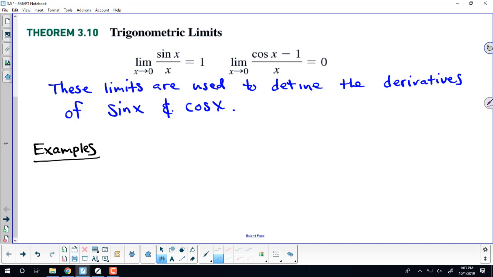So if you need them for 3.5's homework, you're not responsible for those two limits on the exam. Okay, so we'll look at a few examples, and then we'll get into the derivatives of our trig functions.